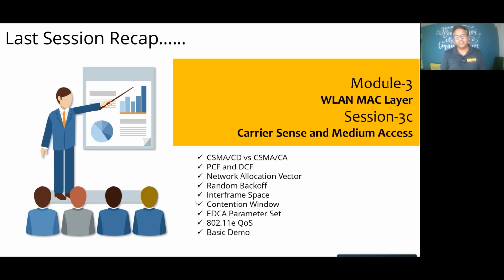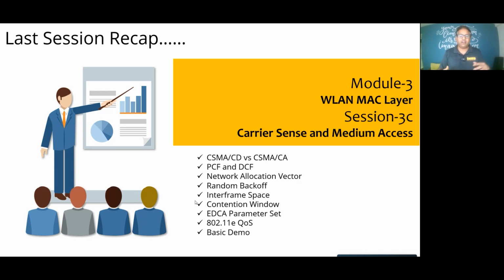So we talked about .11e, which allows for 4 traffic categories or access categories, and each access category could have a different arbitrary interframe space and also different contention window sizes. So if you're, for example, sending voice traffic, you can pick a smaller interframe space and a smaller contention window. If you're sending best effort traffic, you need to pick a larger contention window and a larger interframe space, and that gives you different levels of priority access to the medium.